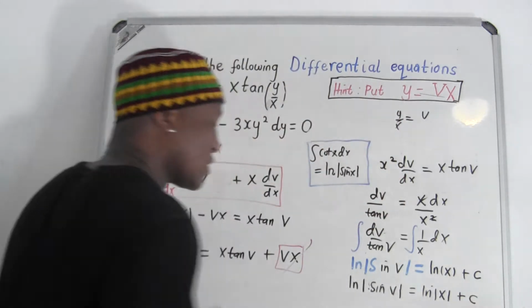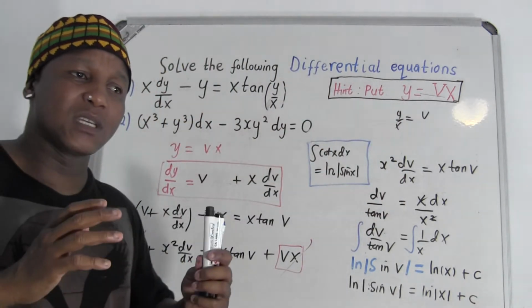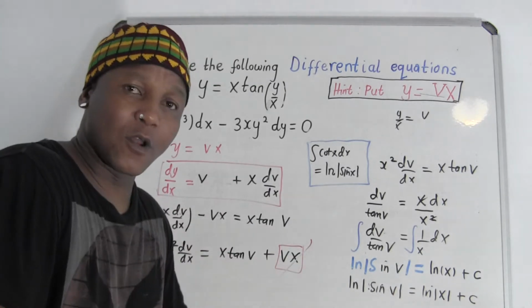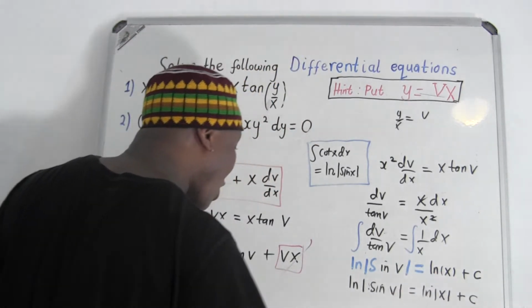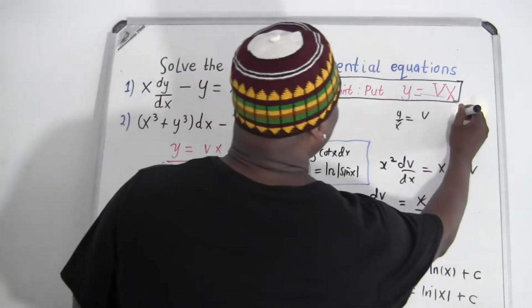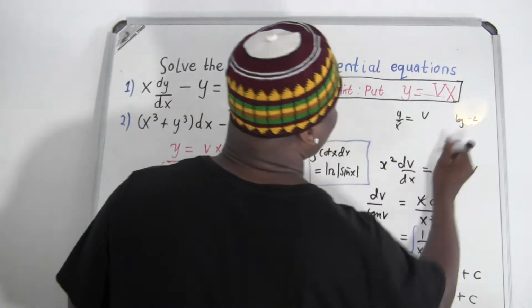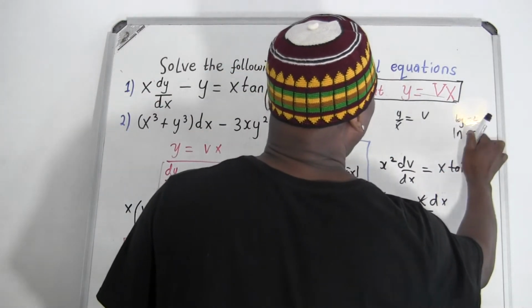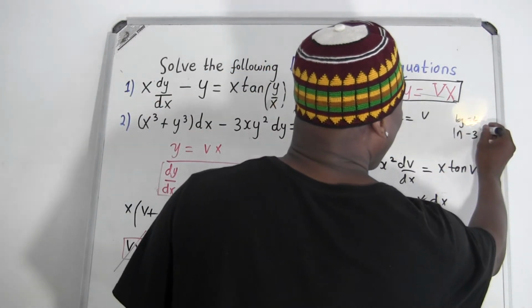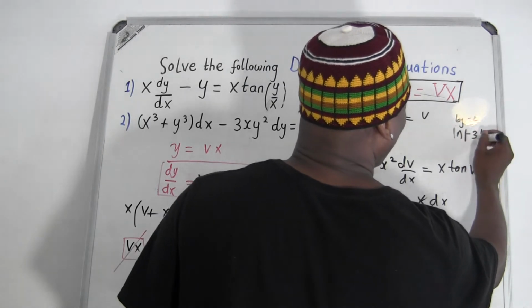You know why? Because anything in front of ln or logarithm has to be positive. For example, if somebody gives you log of -2, you know that's going to give you an error. If somebody gives you ln of -3 or any negative number, it must be an error.